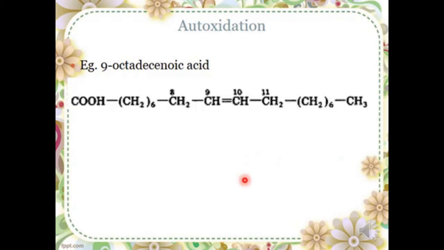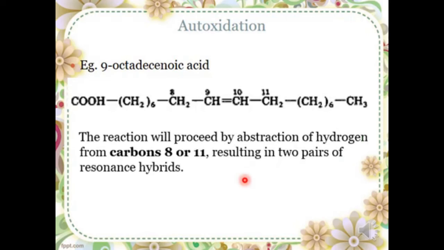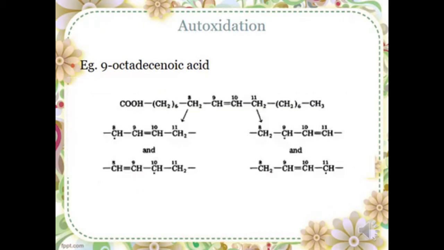So the formation of a radical can be at carbon 8 or carbon 11. It's always next to the carbon having the double bond. So this will result in two pairs of resonance hybrids. So these are the resonance hybrids.